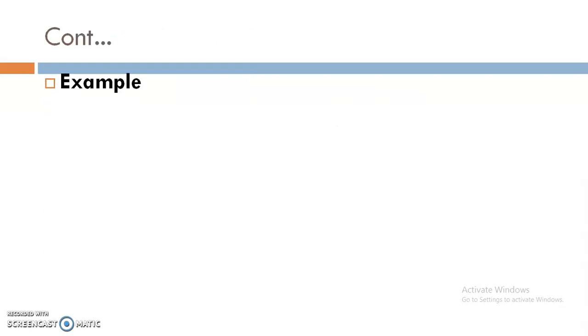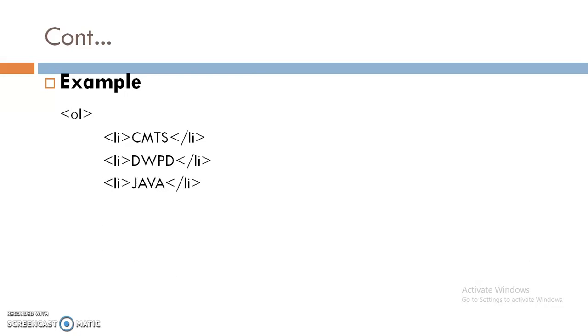Now, example. This code is written in between body and /body tag. First tag is OL. Then second is list. CMTS, meaning a subject name, is written between LI and /LI tag. Then second subject name. Then third subject name.